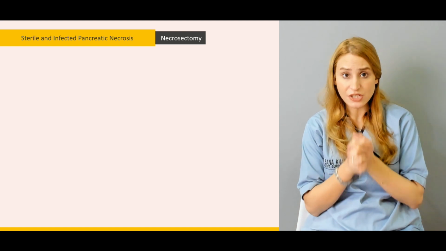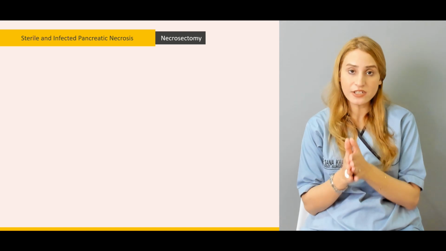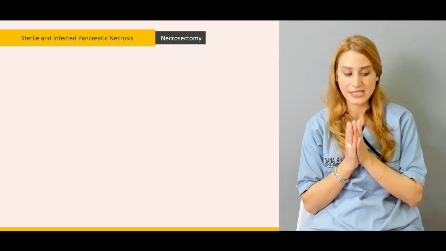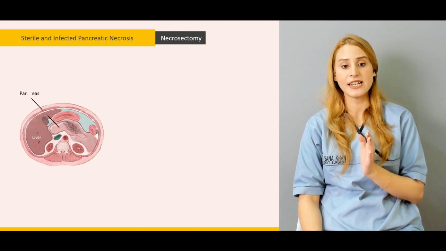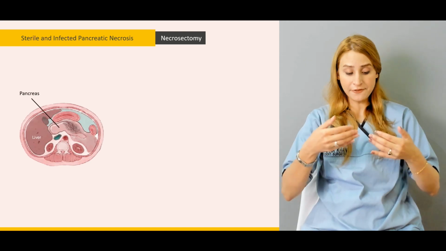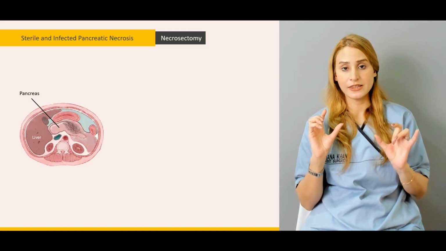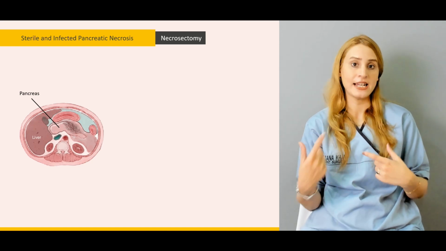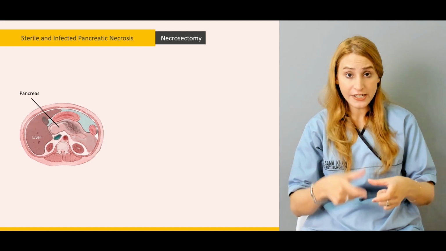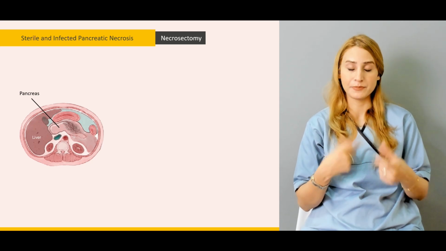So in case of sterile and infected pancreatic necrosis, the surgical option we have available is obviously the necrosectomy. In a necrosectomy, you give a similar incision. Now, the most important thing is that the incision depends upon where the necrotic segment is present.